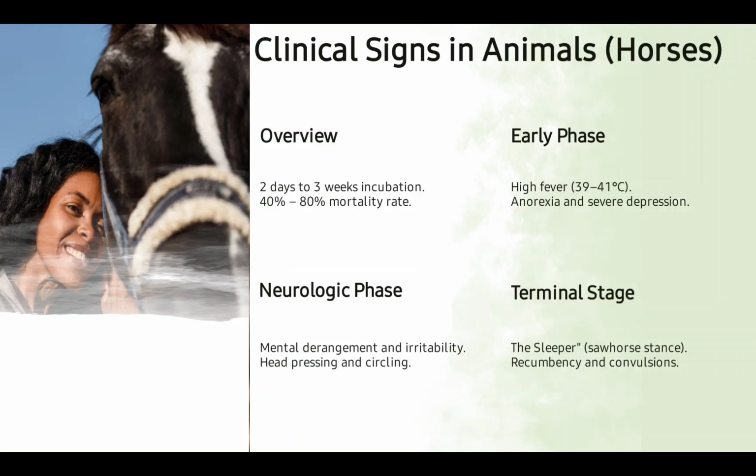This rapidly progresses within days to a neurological phase, marked by ataxia, head pressing, and circling, before reaching the terminal sleeper stage. This final stage is characterized by a sawhorse stance, paralysis, and seizures, with a mortality rate of 40 to 80%.